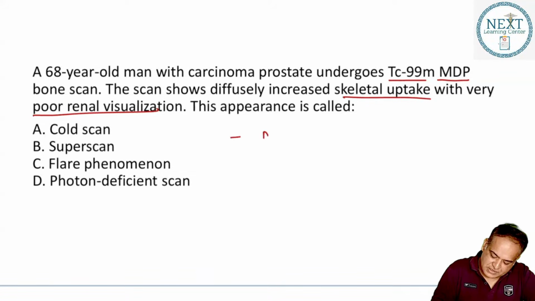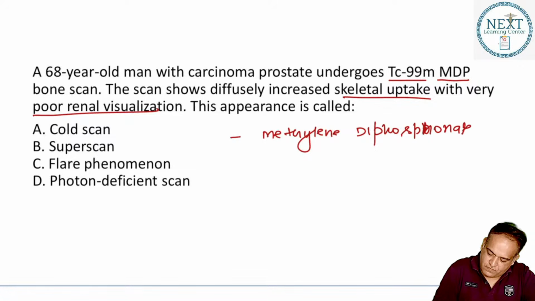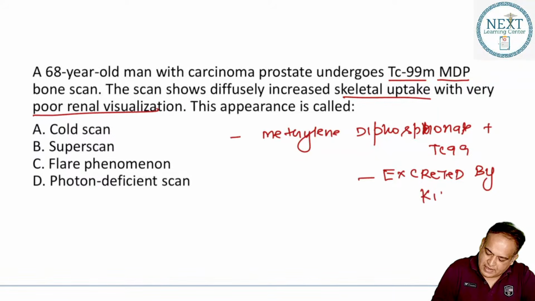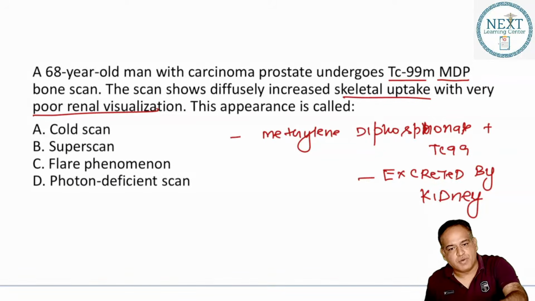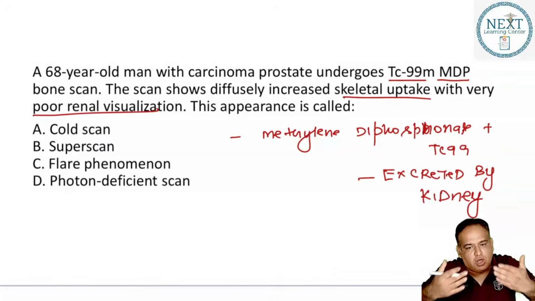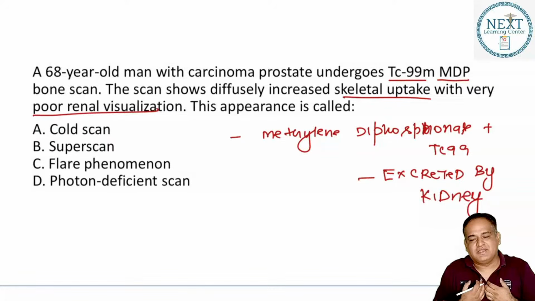So what happens is this: methylene diphosphonate, when we give it with technetium, is excreted by the kidneys. But if there are secondary bone tumors, they will take up all of it, and nothing will go into the kidneys.